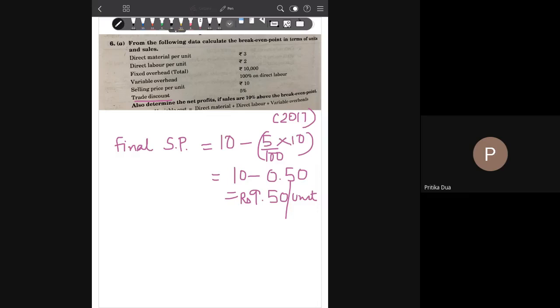Now you can calculate the contribution per unit by first calculating the variable cost.